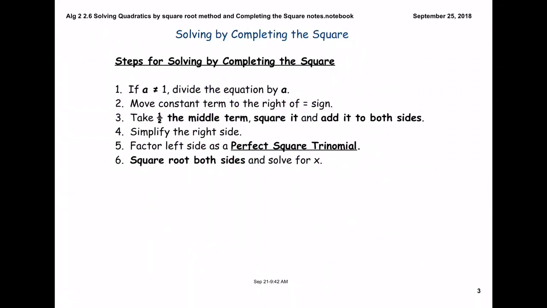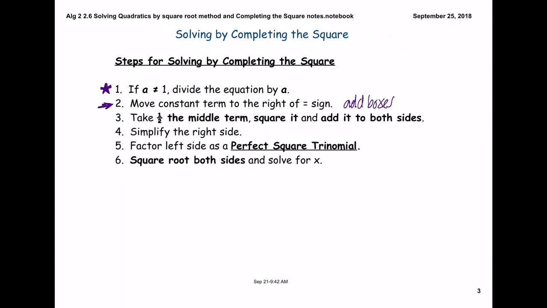So now that we've finished solving by using square roots, we can now move into solving by completing the square. So the first thing we need to make sure of is that the coefficient of our a, or our coefficient of our x squared term, is 1. We need to move the constant term to the opposite side of our equation and add our boxes.